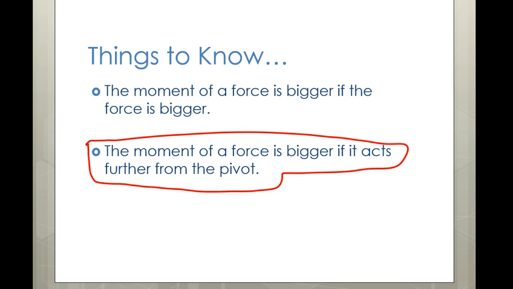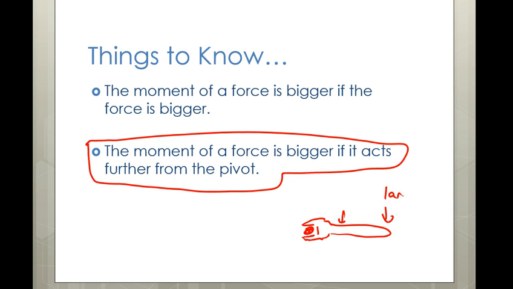So, for instance, if I have that wrench example, I'm going to draw a terrible wrench here. If I apply a force here, it's going to have a different and smaller effect on motion than if I apply my force way back here.